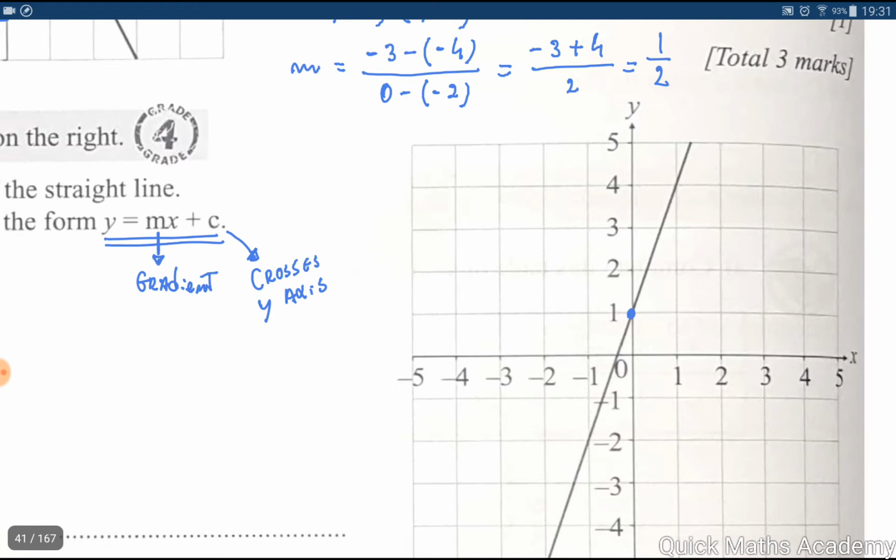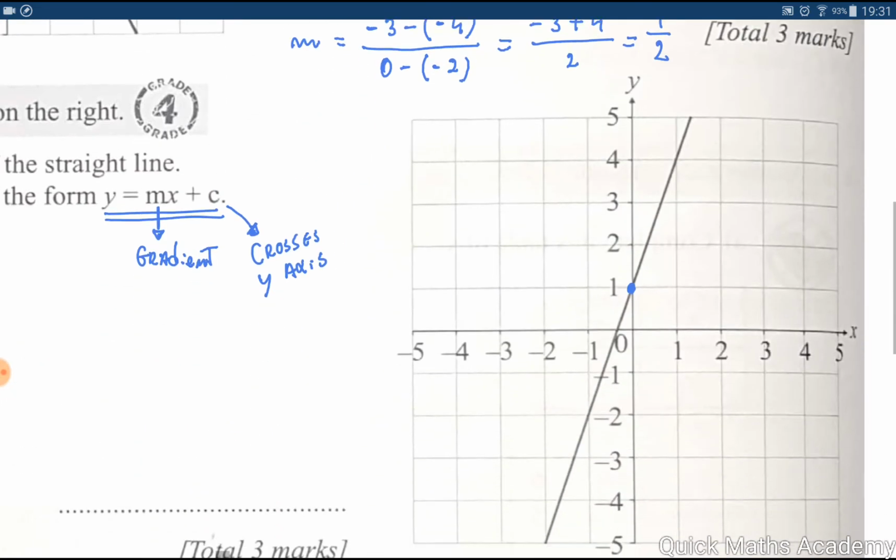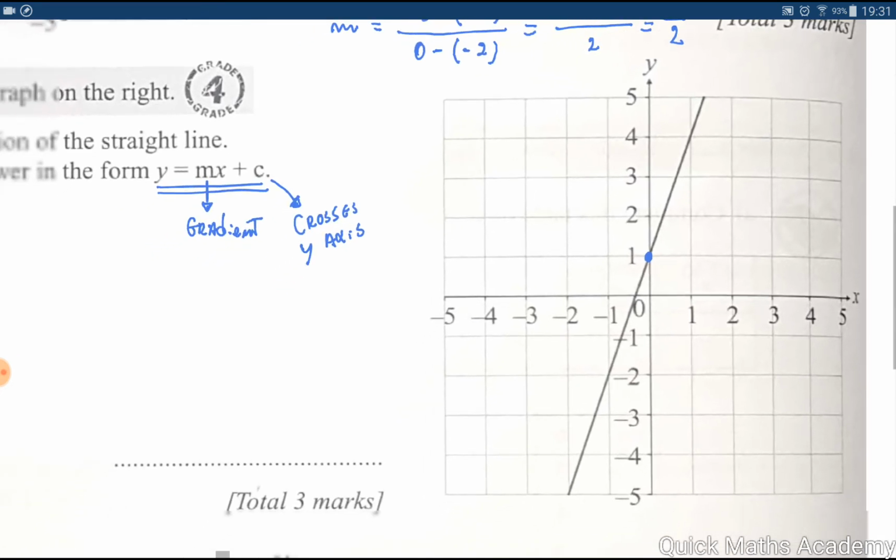That means I've crossed the straight line at the point 0, 1. So my c, I know it's 1. And it's always like this. So to know the equation of my straight line, I only need to calculate the m. And the m, what is it? The gradient. We just did 3 just above. So I'm going to calculate the gradient for this one.